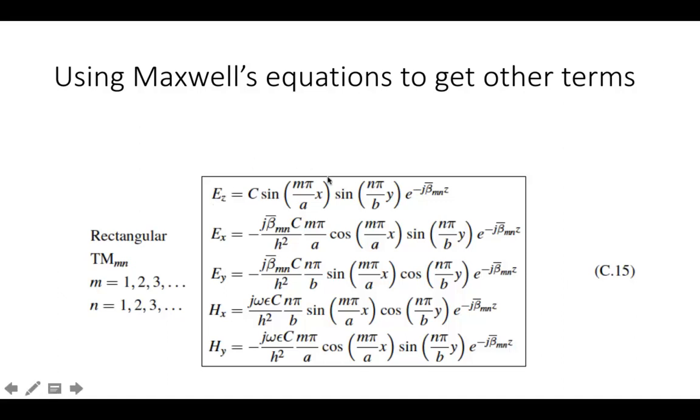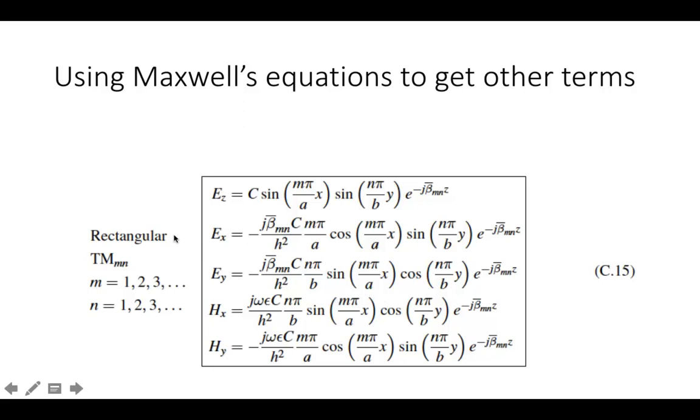So note that in this case, every field expression has a sine term, which means that unlike the parallel plate case, when we plug in 0, 0, every term will go to 0.